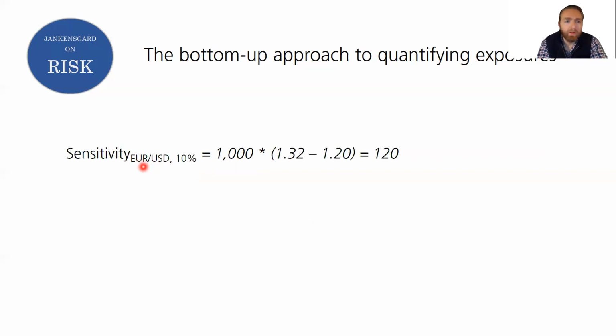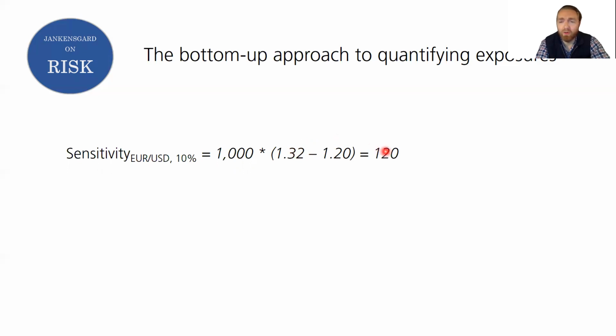So the sensitivity of corporate performance here to a change in this risk factor, the euro US dollar exchange rate, for a 10% change in that risk factor, is going to be obtained as follows if we use the numbers that we got previously. We have the net cash flow exposure times the difference between the baseline assumption and the 10% change exchange rate.